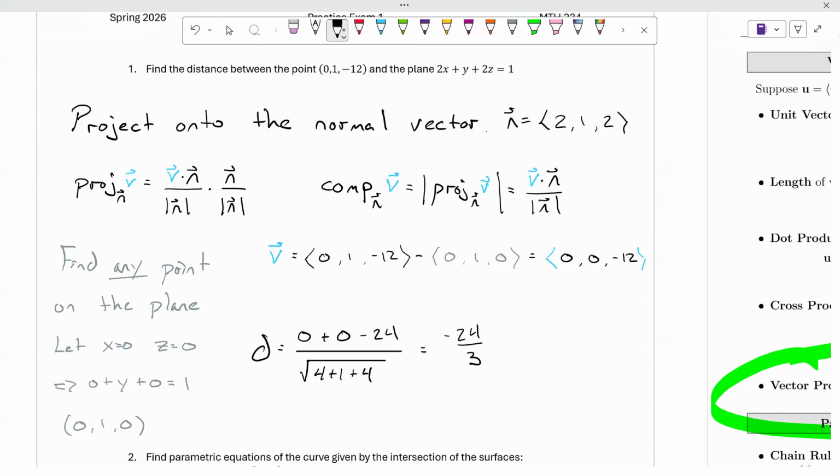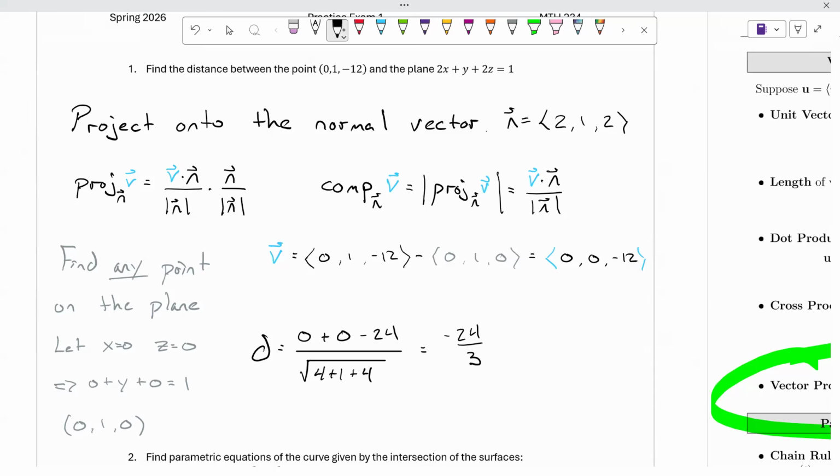And here's where we should add a little bit of extra to the work that we've done so far. So I did leave off a small detail. And that is, for finding the distance between a point and a plane, we don't care if that distance is positive or negative, right?